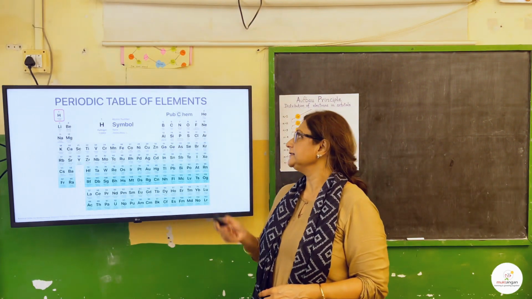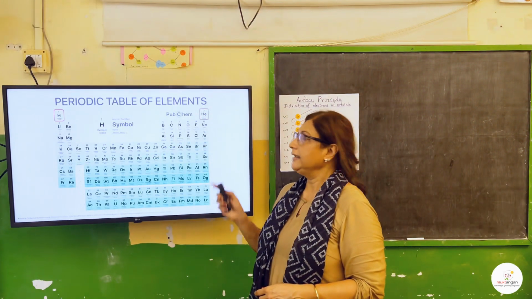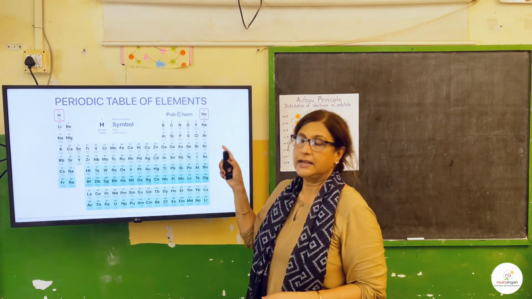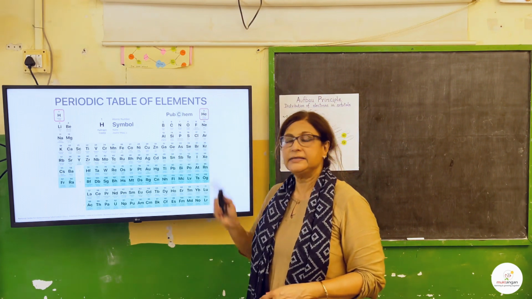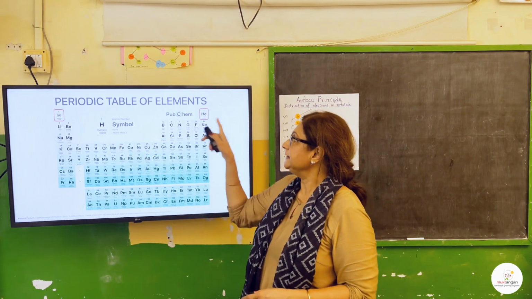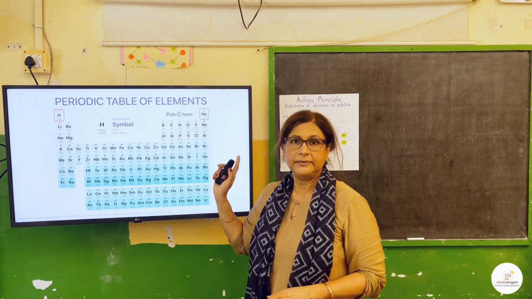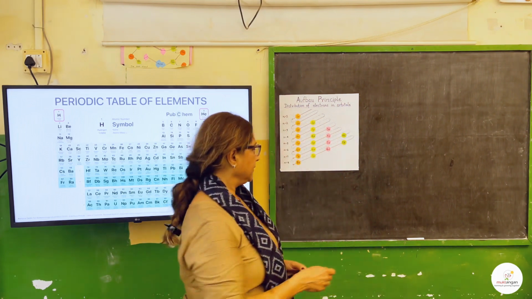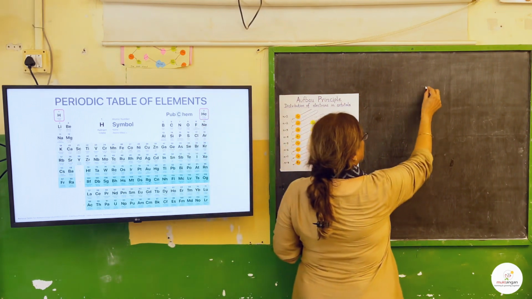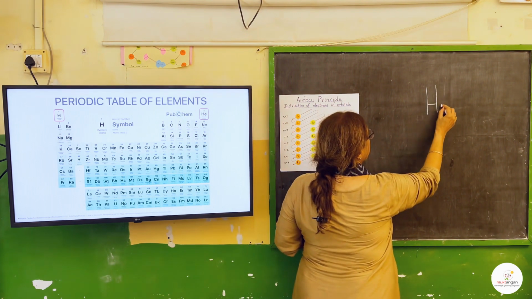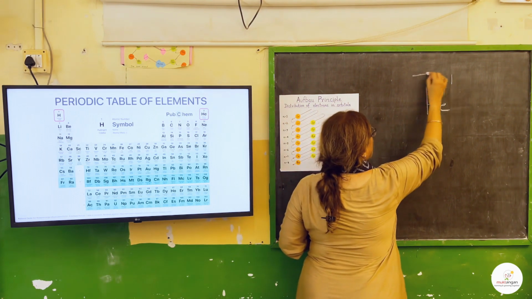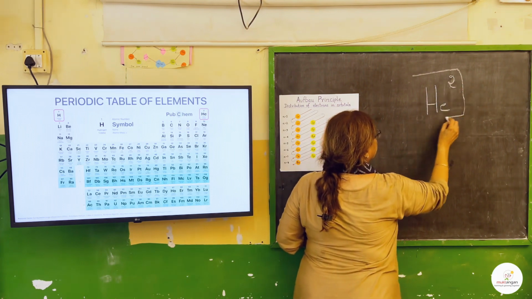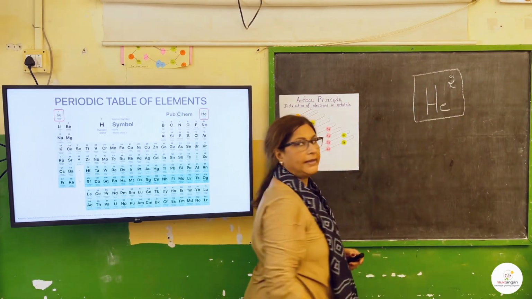Let's look into the next example, which is helium. Helium is also part of the first period, and the atomic number for helium is 2, and helium is an s block element, as you know. So let's do the electron configuration for helium. Helium has atomic number 2.